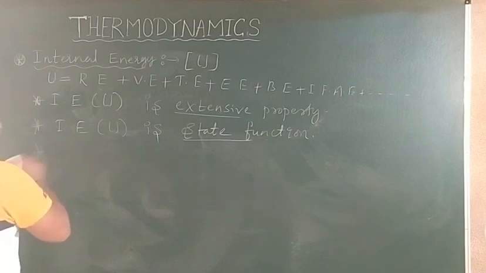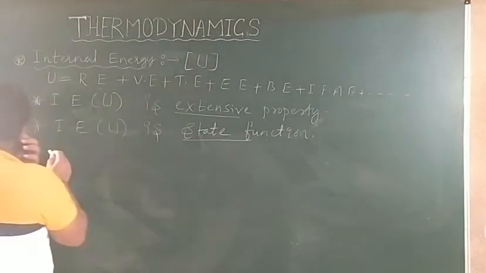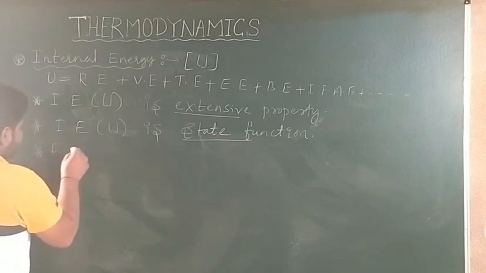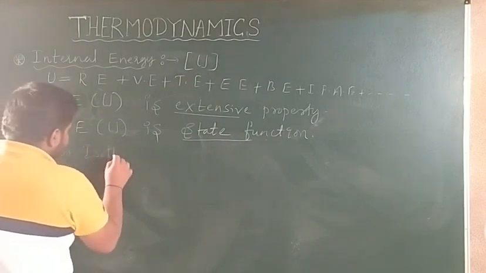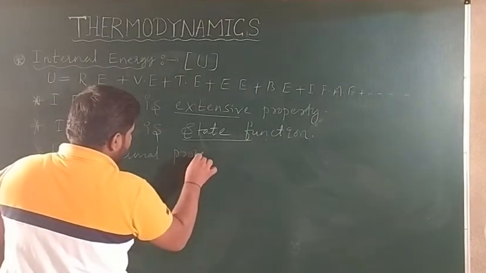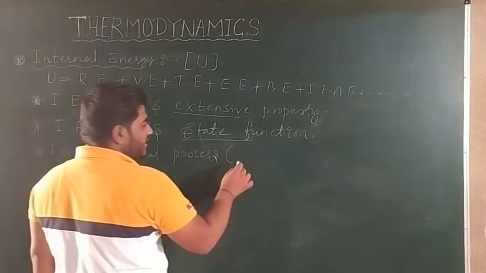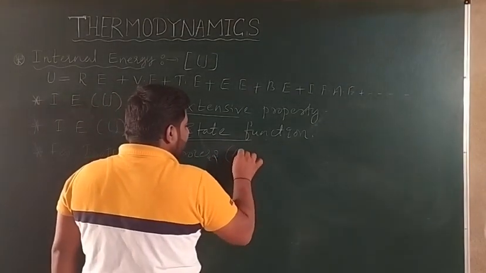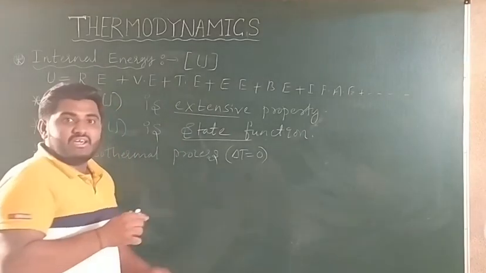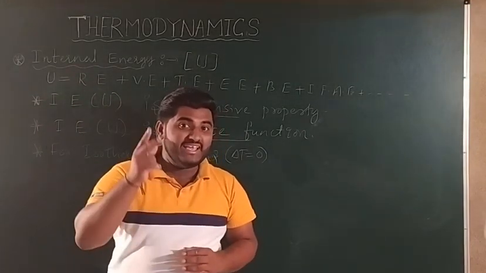What about the third point? For an isothermal process, you know already, delta T is 0. Because an isothermal process is a process where temperature is constant, delta T is 0.